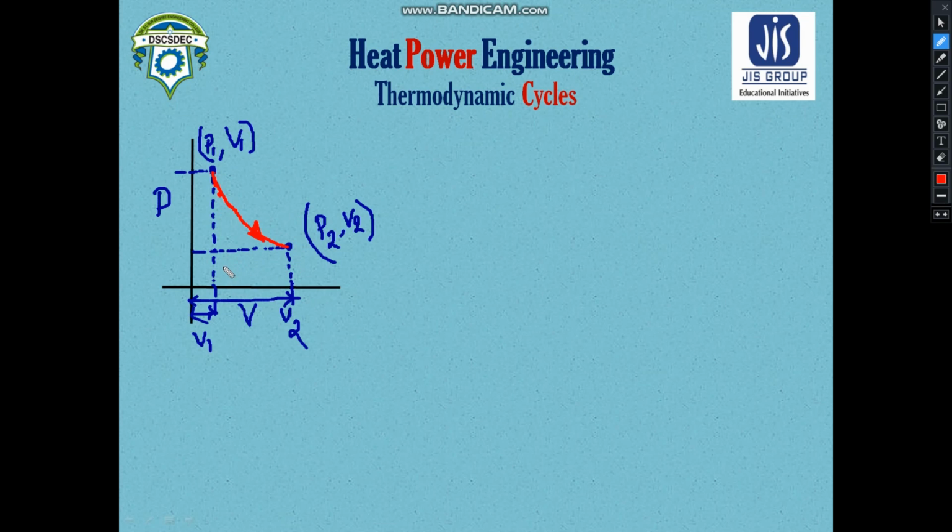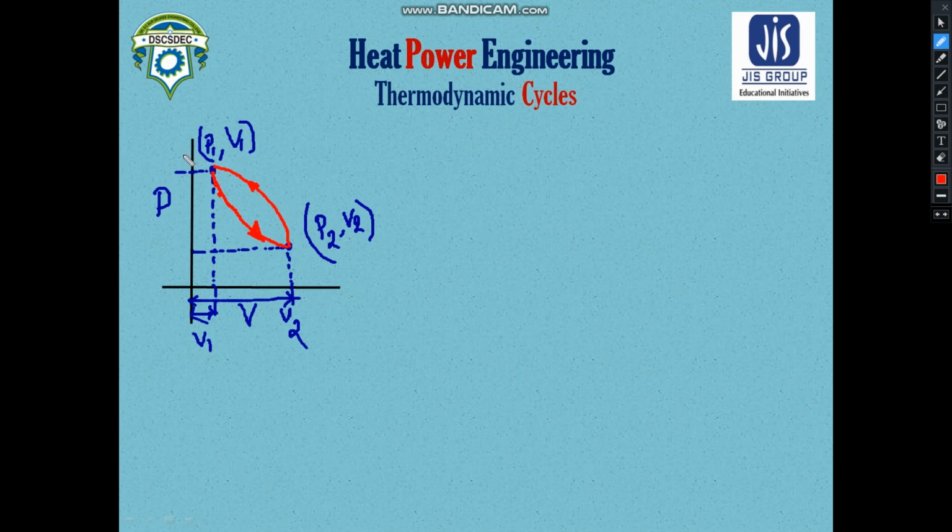Now if exactly the opposite process is carried out, that means if there is again some compression of the system, so that the system goes back to its initial condition like this, we can see this red line indicates a closed loop or a closed figure.